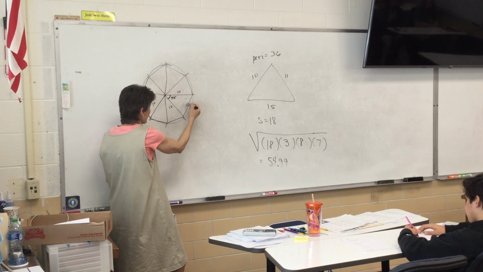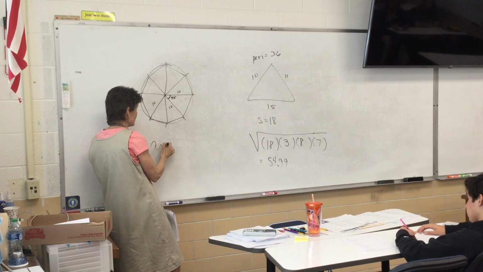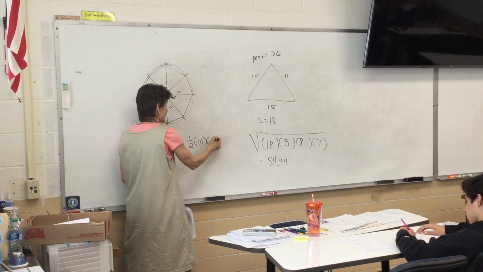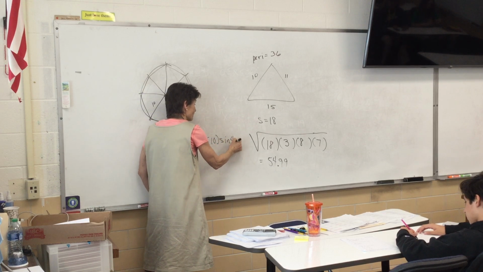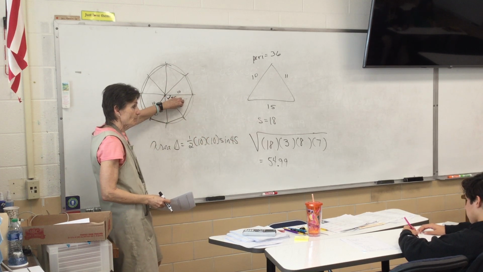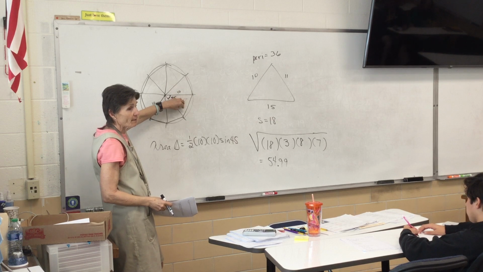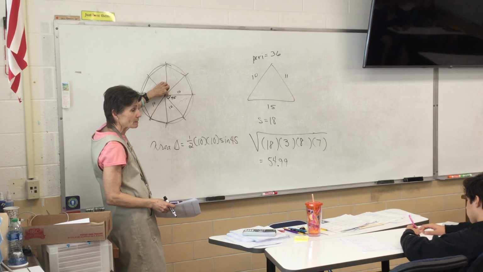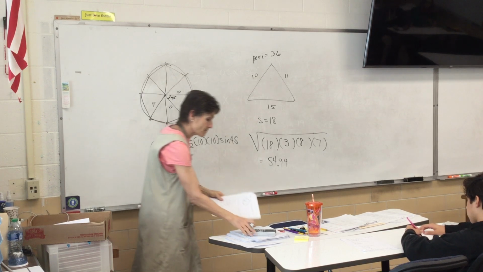So look at that triangle. Can't I do 1/2, 10, 10, sine 45? Can I do that with this triangle? Remember, area is 1/2 side, side, sine of the angle in between them. So I can type that in.